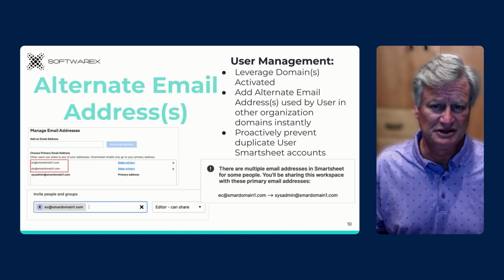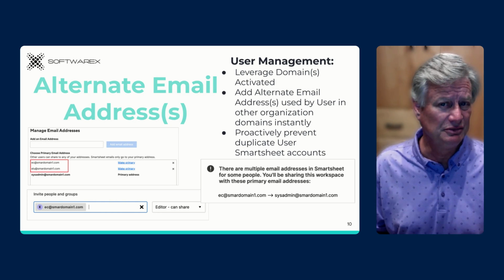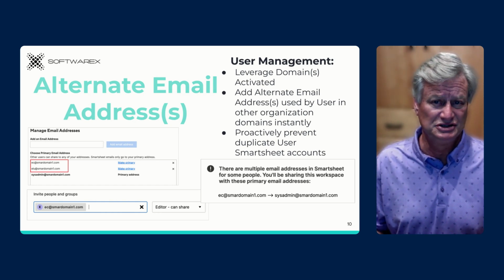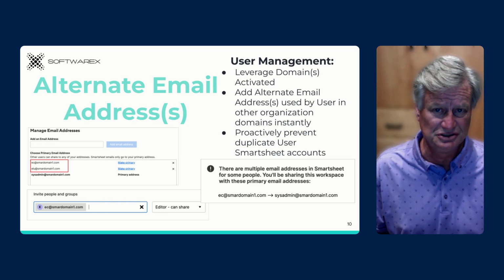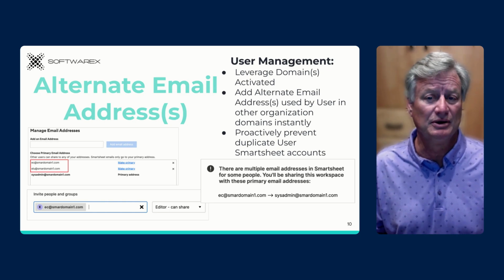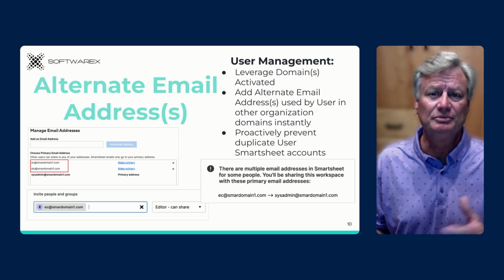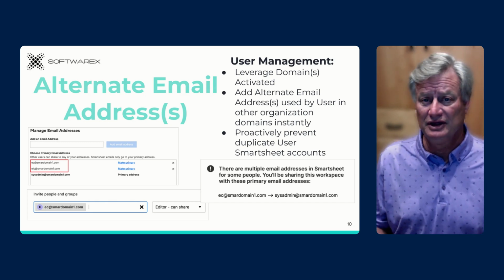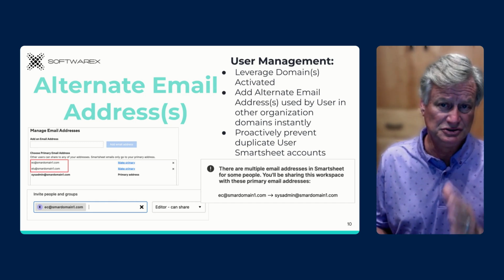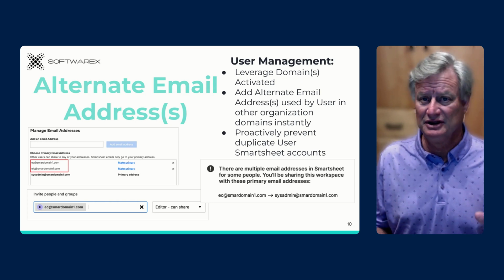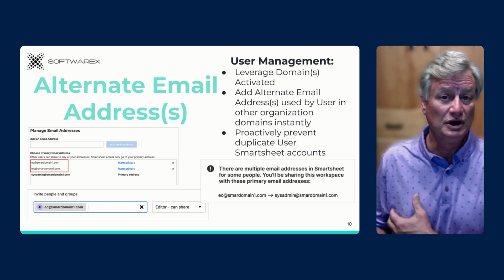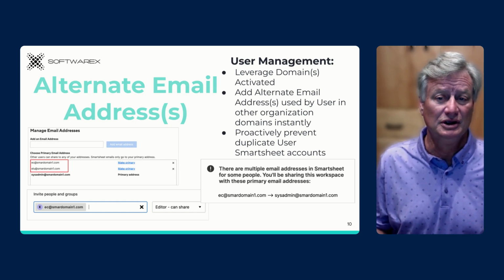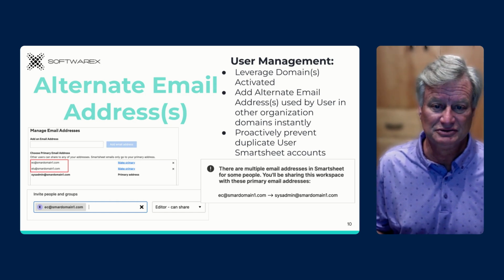An alternate email address, a less heralded but very powerful capability for organizations that may need it. These are organizations where some amount of their personnel have multiple email addresses that are used for their work. They have a primary email address they're using within Smartsheet, but they are highly likely to have someone attempt to collaborate with them in Smartsheet at one of their additional or alternate email addresses.